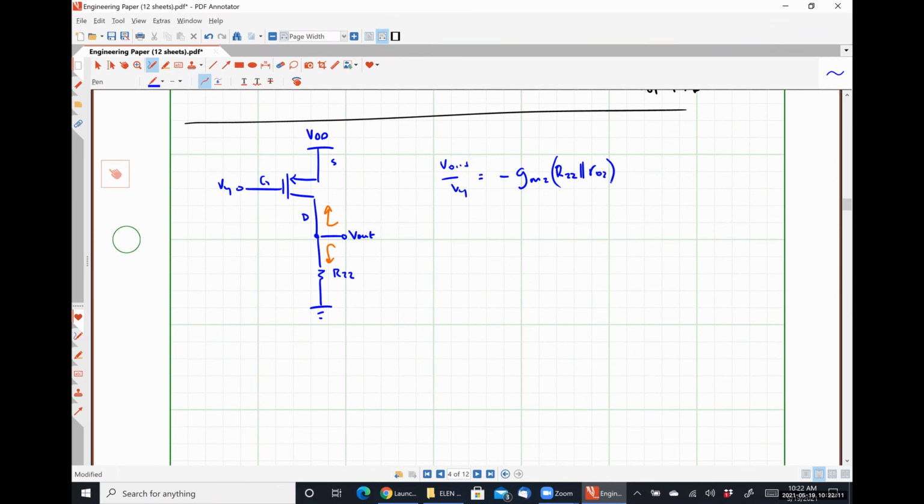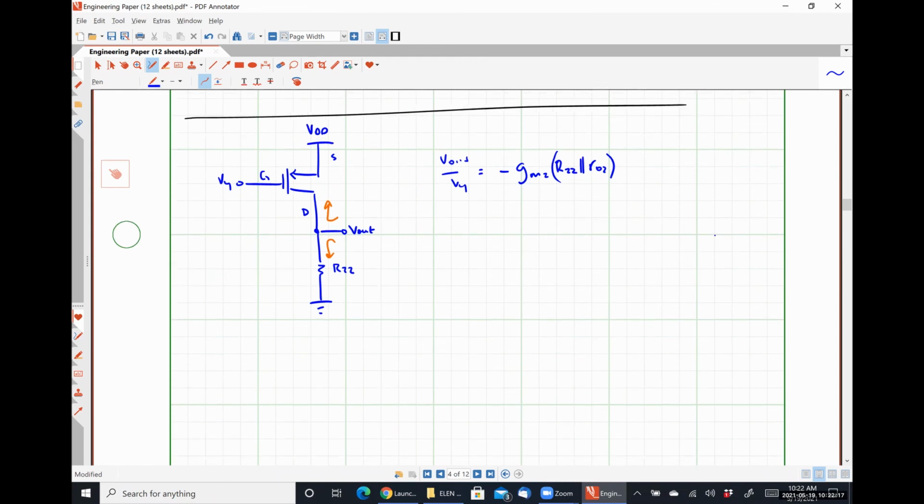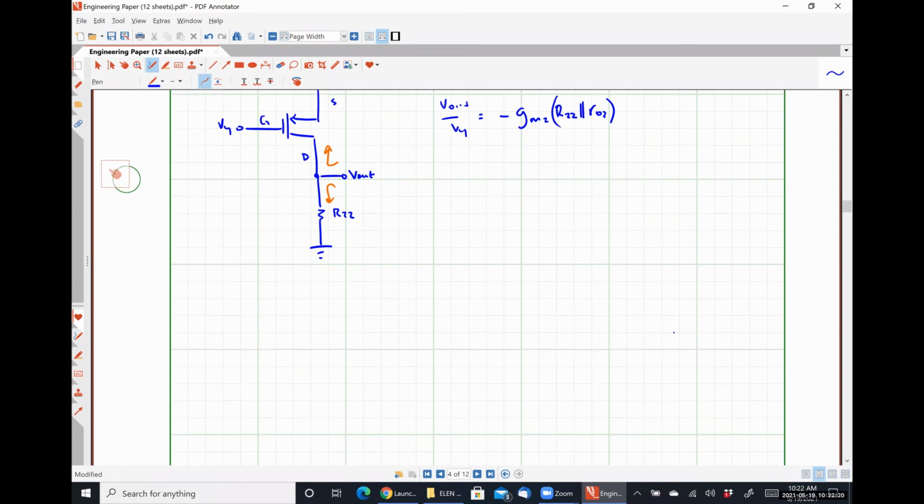For our resistance looking up with channel length modulation included, just to be on the safe side here, we have the following circuit. So our gate is grounded. Minus VSG2, where this is G2. Here's our source. It is grounded. Here's GM2 VSG2.